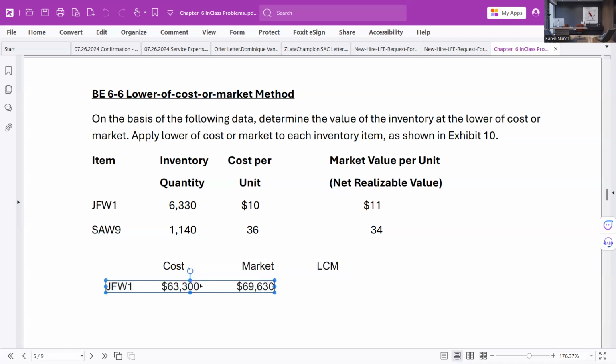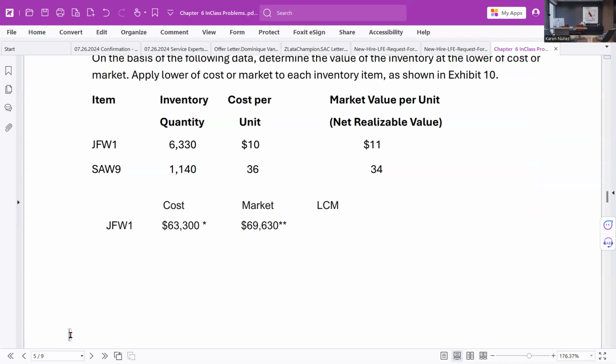Okay, so I can put in here one asterisk and two asterisks just to illustrate what I've done here. One asterisk is 6,330 units times the $10 cost, right?